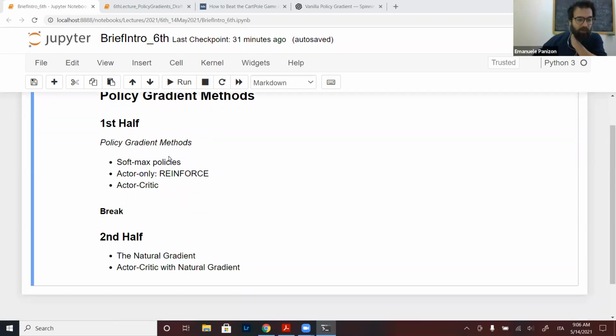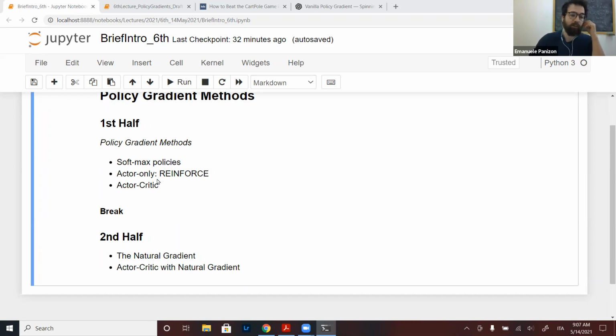The first part of today's exercise, we're going to see a brief recap of what policy gradient means and how we can construct some parameterized policies. In this particular case, we will use softmax policies.